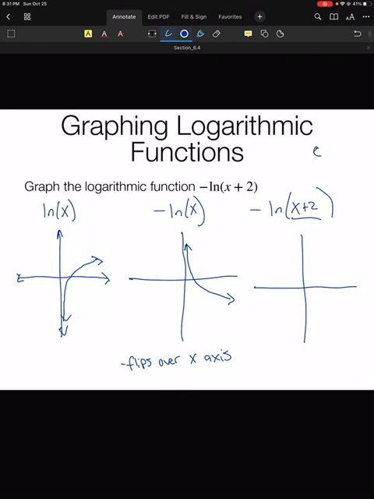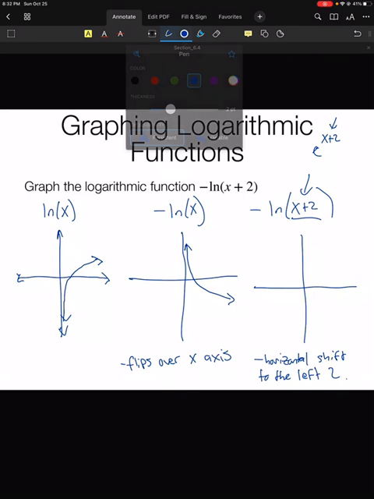If I write e raised to the x plus 2 power, if you remember from last time, when I add or subtract things attached to the x, that's going to be a horizontal shift. Plus is to the left, minus is to the right. So this is a horizontal shift to the left 2.